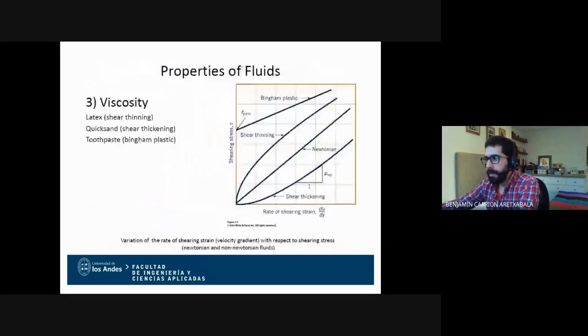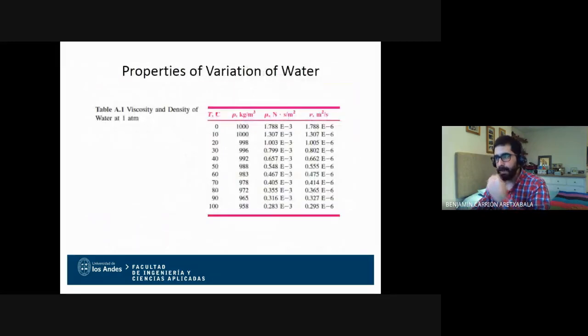Here are typical values of density or specific mass, dynamic viscosity, and kinematic viscosity. Typically we're going to be talking about fluids in the range of 10 to 20 degrees Celsius.